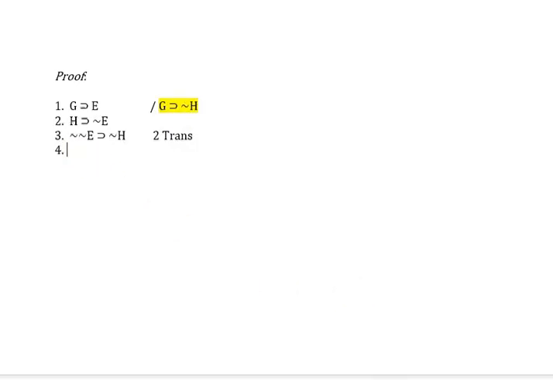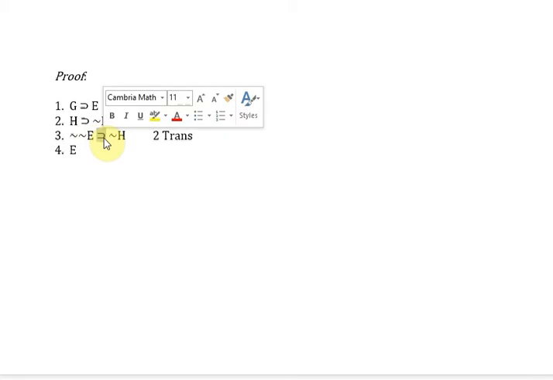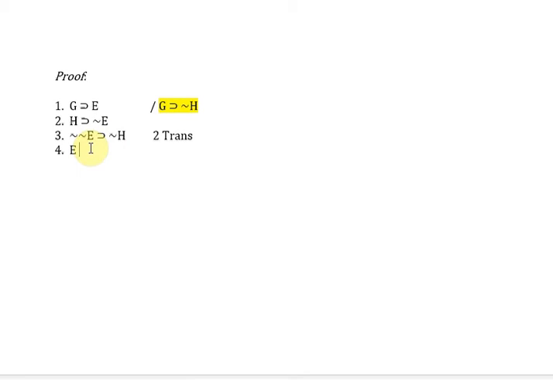Remember that not not E basically just means E, right? And the rule that justifies that is double negation, which is one of the rules that we did in section 7.3. So basically that means that line 3 can become if E then not H, and the rule that applies there is DN, which is double negation.